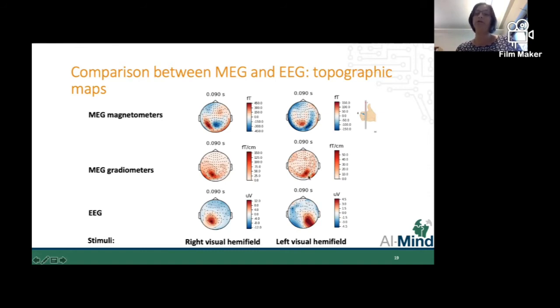The gradiometers measured the strongest signal right above the current, so we have one extremum showing exactly where the activation came from, and the EEG topography is perpendicular to the magnetometers, which you can see here as well, and slightly blurred.